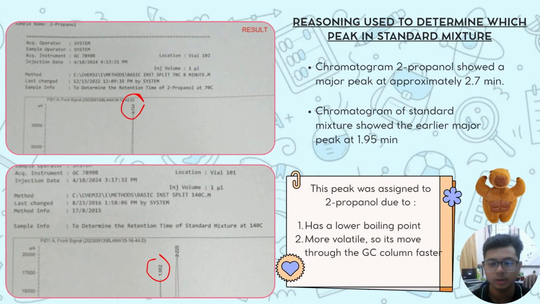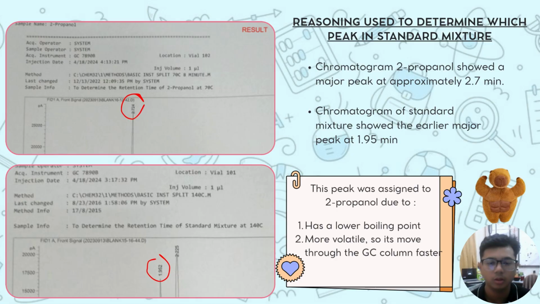Now we will discuss the reasoning used to identify the specific peaks found within our standard mixture. When analyzing a mixture with multiple components, we must compare it against individual chromatograms to ensure accurate identification based on retention times. First, let's look at the identification of 2-propanol.